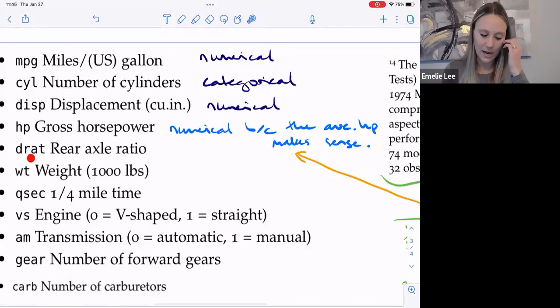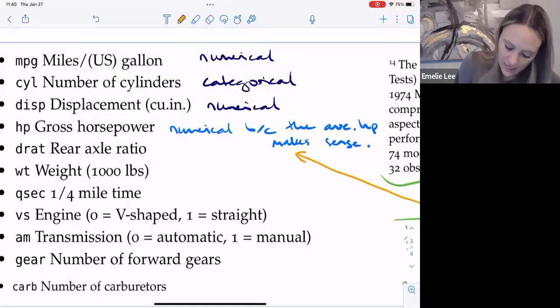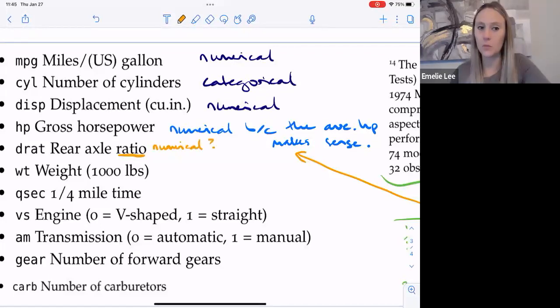So for the rear axle ratio, I don't know what it is, but the term ratio makes me think numerical. It might be numerical. In this case I don't have any other clues because I don't know what the rear axle ratio is.